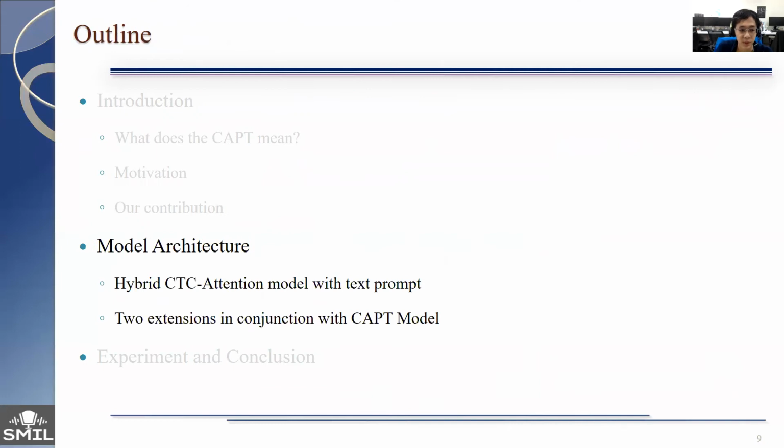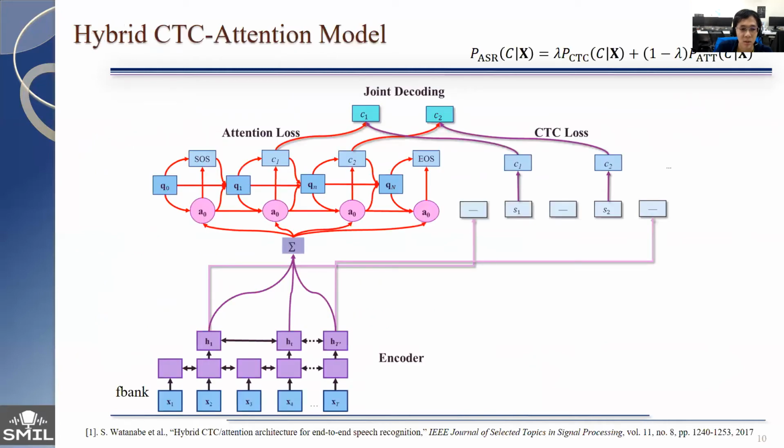Okay, let's move on to the model architecture. In this section, I will touch on the hybrid CTC-Attention model and show our proposed architecture, including test prompt augmentation and the two extensions to the CAPT model. The hybrid CTC-Attention model, combining the strengths of both CTC and the attention-based model, was first proposed in 2017.